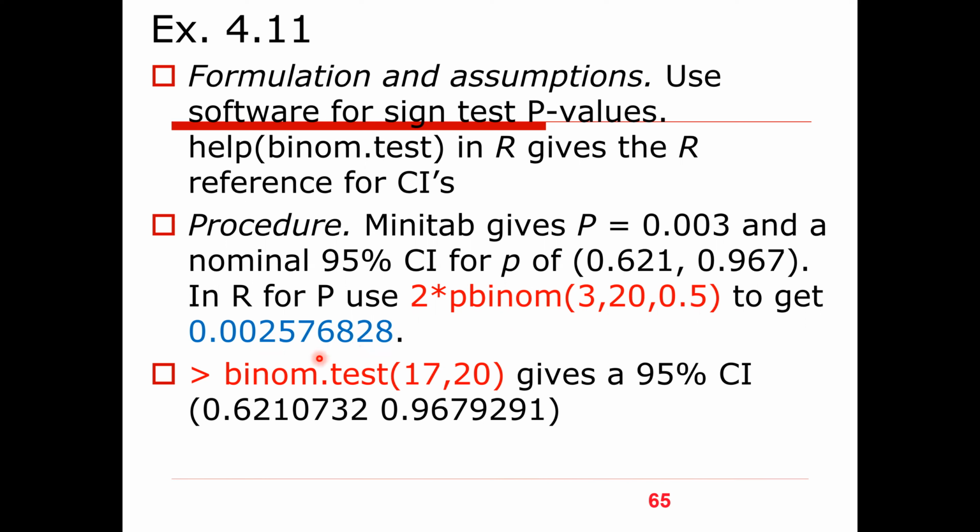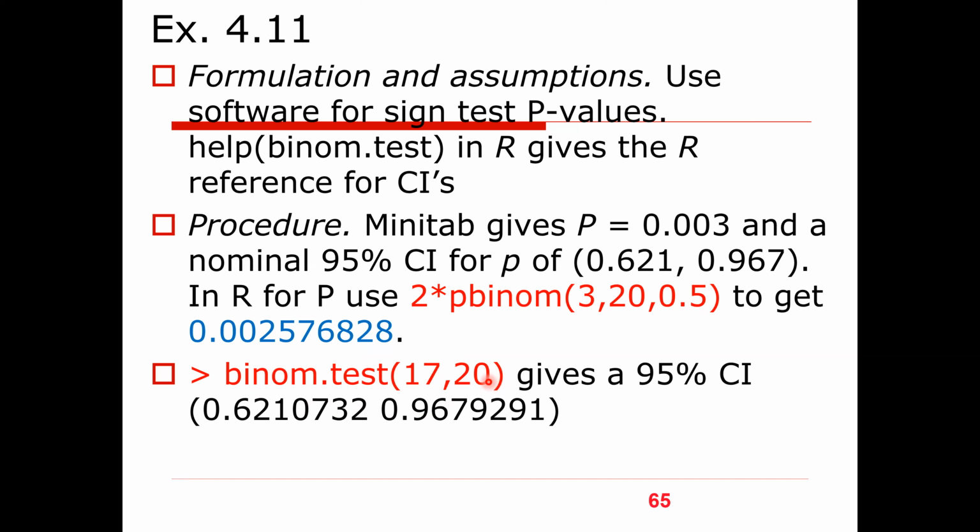We can also use binom.test to get the confidence interval. So 17 out of 20 is below 9, right? Or 3 out of 20 is above 9.